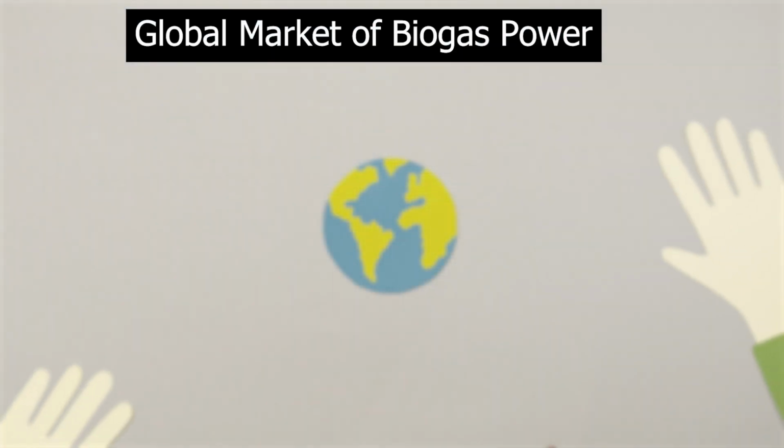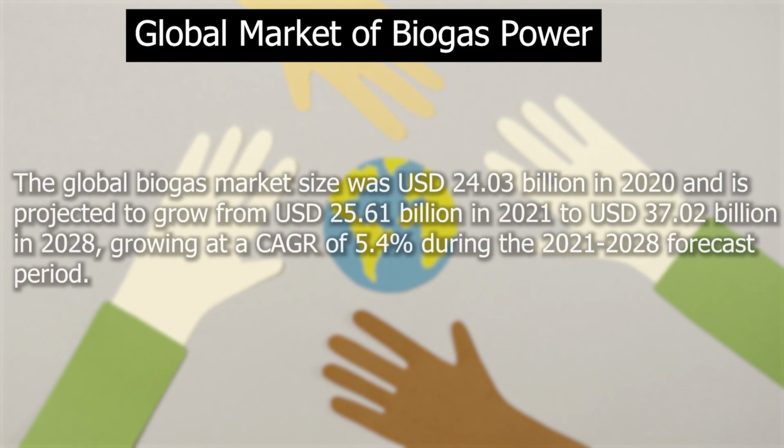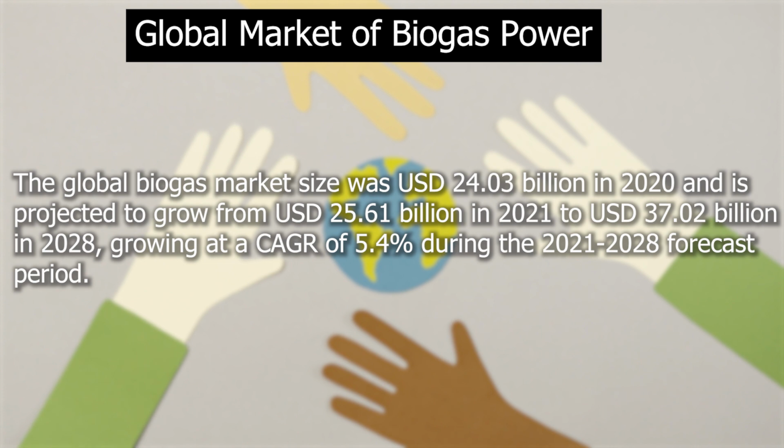The global market of biogas power plants: the market size was USD 24 billion in 2020 and it is projected to grow from USD 25.61 billion in 2021 to USD 37.02 billion in 2028.